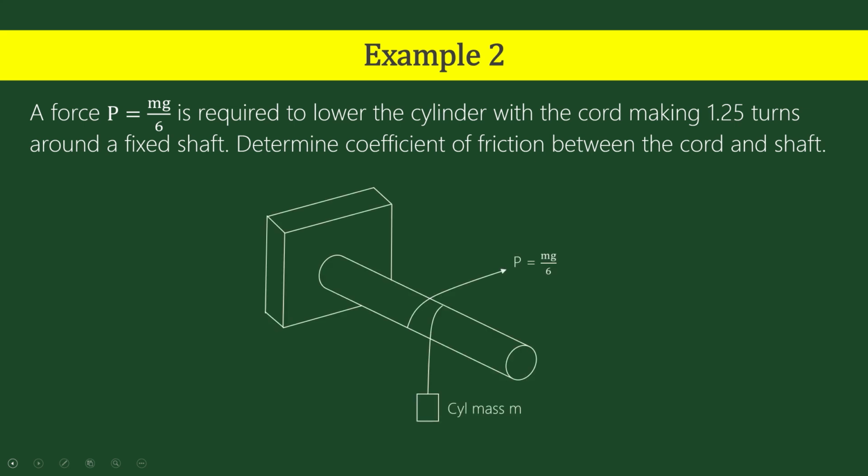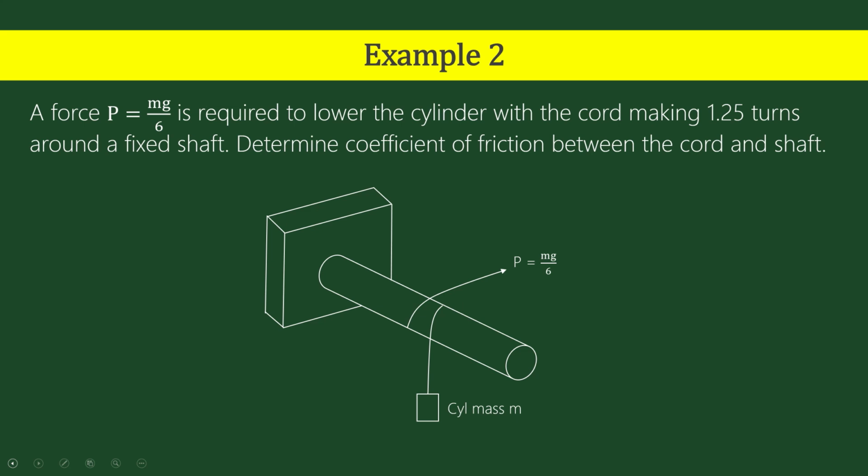Let us see this figure now. What is the difference here? Instead of giving the lap angle directly, they have given the number of turns. What do you mean by number of turns? If you wrap a string around a shaft for one round, we can say that one turn is completed.